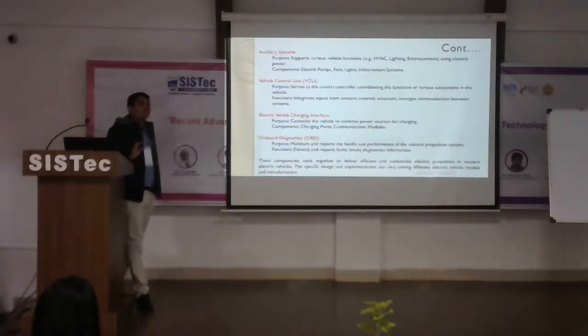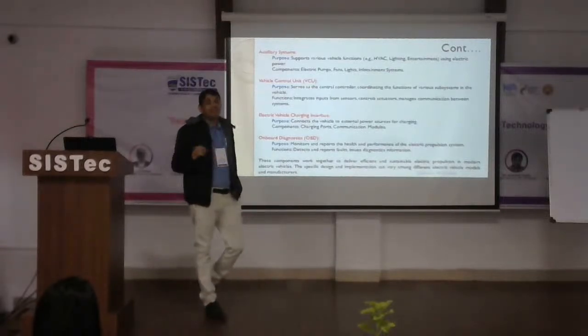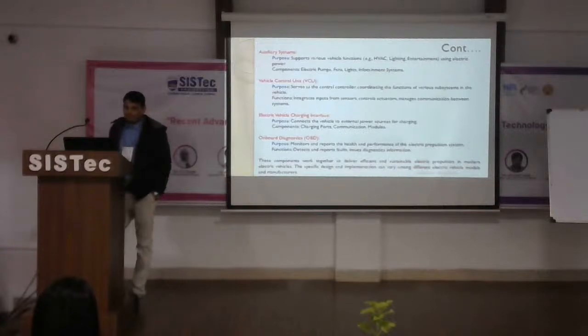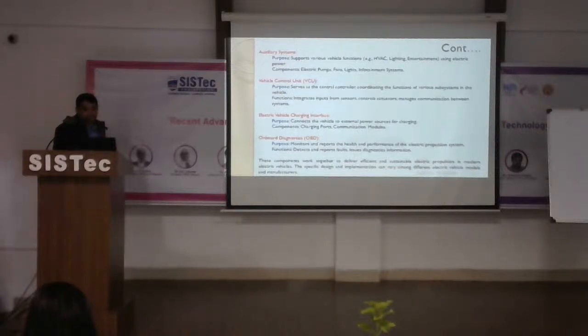It is nothing but a combination of different sensors or feedback systems. Okay. So these components work together to deliver efficient and sustainable electric propulsion in modern electric vehicles. The specific design and implementation can vary among the different electric vehicle models and manufacturers.